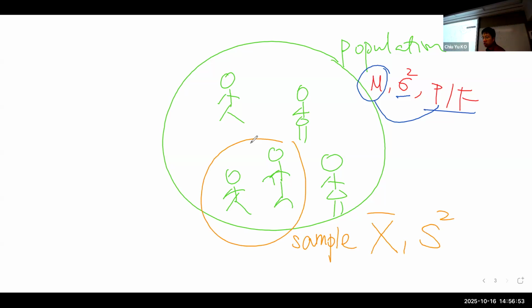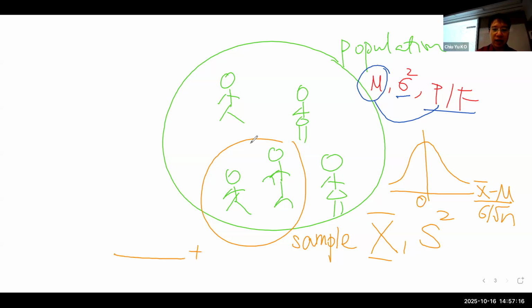We know from the previous topic that, by the central limit theorem, x bar minus mu over sigma over root n is a 0, 1 bell curve. If I don't know sigma, then x bar minus mu over s over root n follows a T distribution with n minus 1 degrees of freedom.